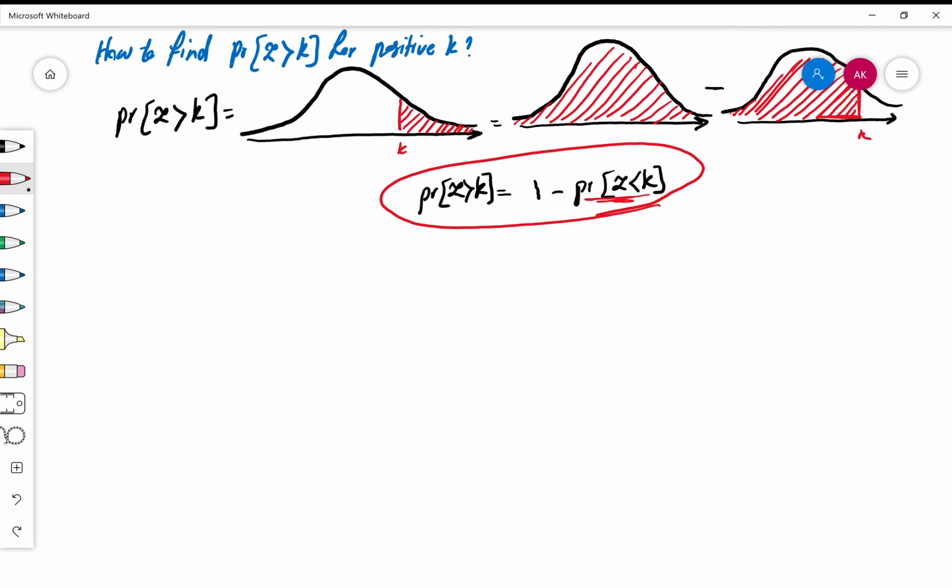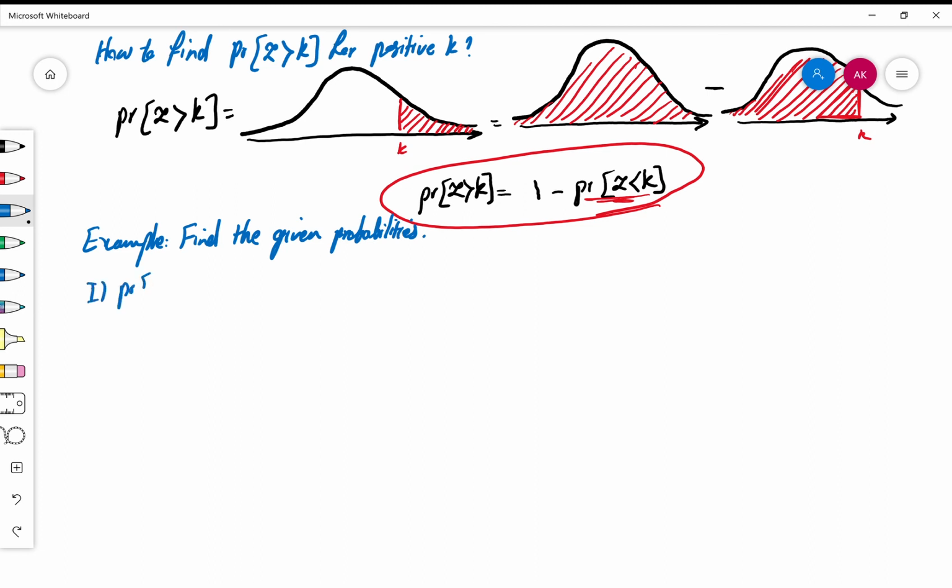Okay, so let's do some examples here. Example: find the given probabilities. Here I have 3 examples.